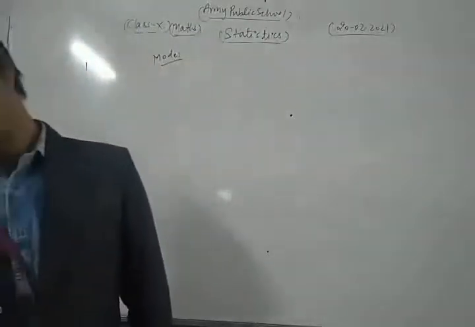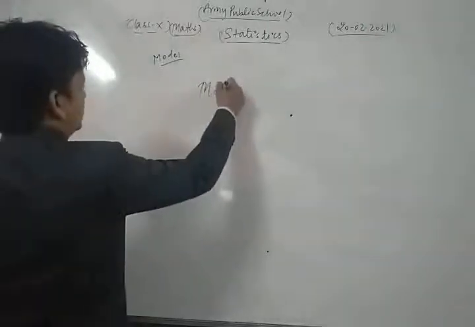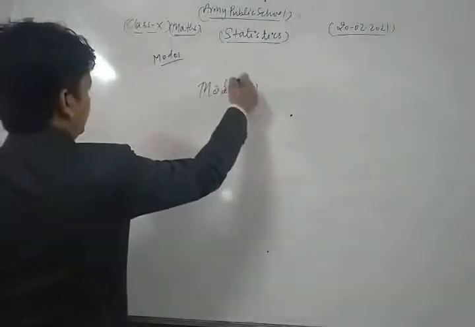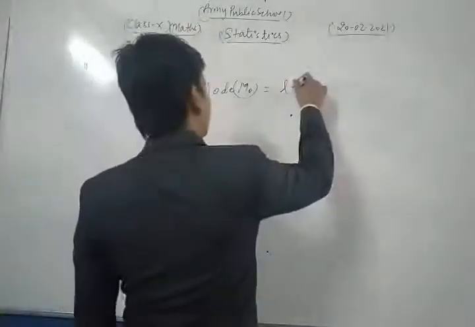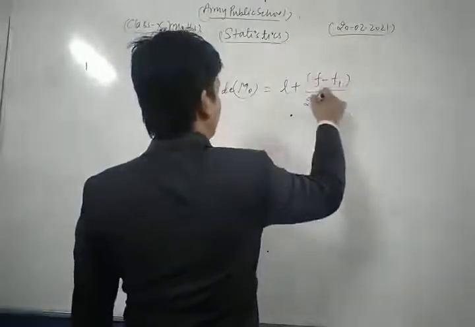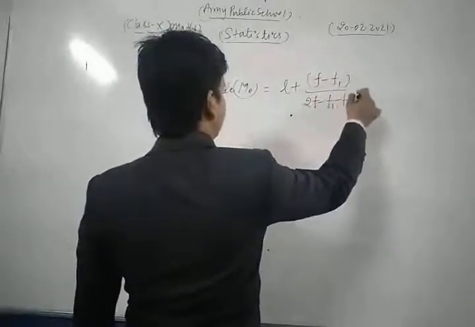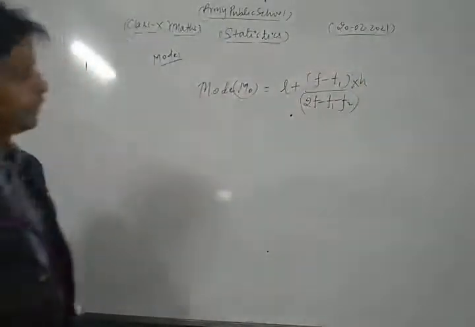And for grouped data, the formula for mode is what? Let's see, dear students. The formula for mode M naught is L plus (F minus F1) divided by (2F minus F1 minus F2), into H. This is the formula for mode.